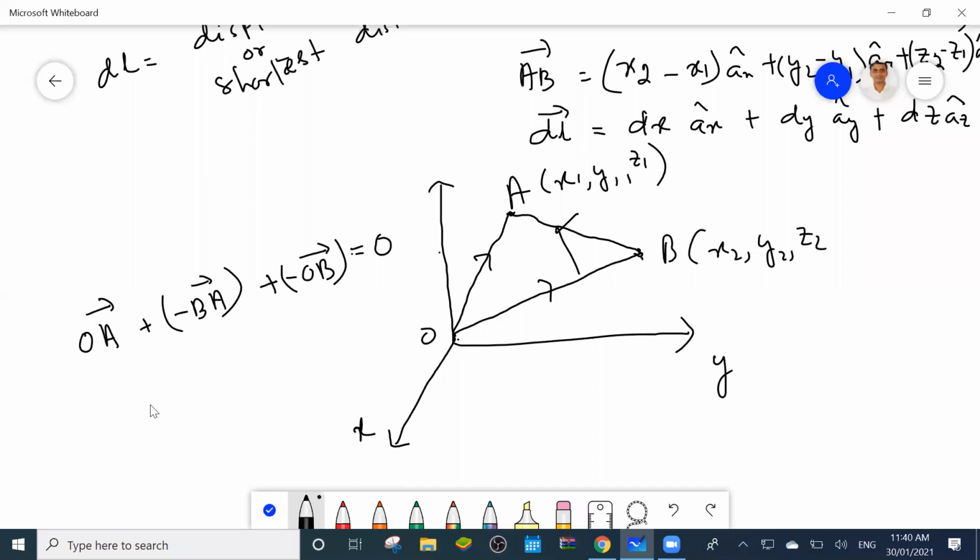In this case, OA value you know and OB value you know. So I can directly write OA minus OB equals BA. Okay, you find out.